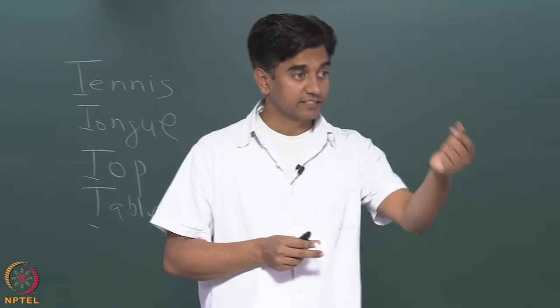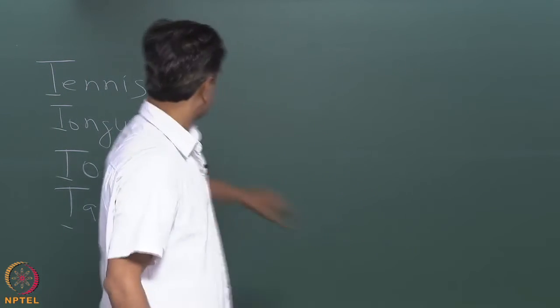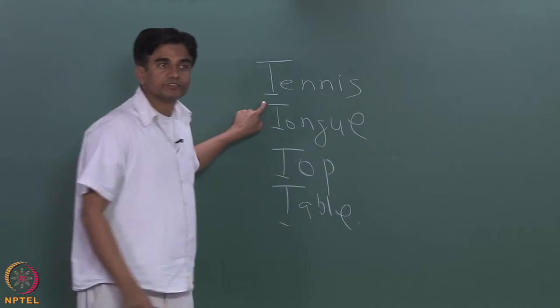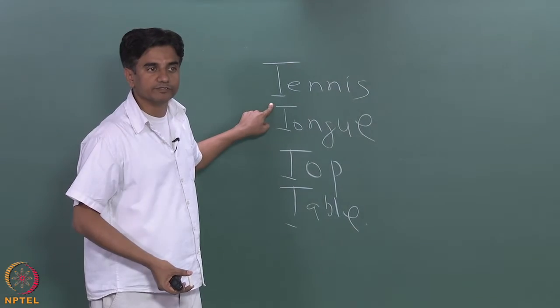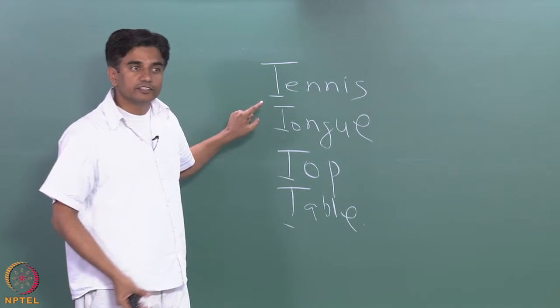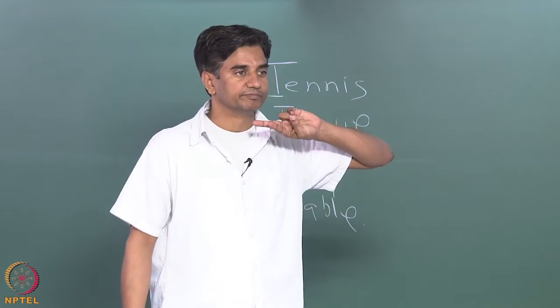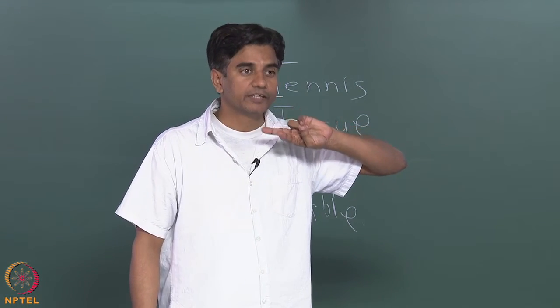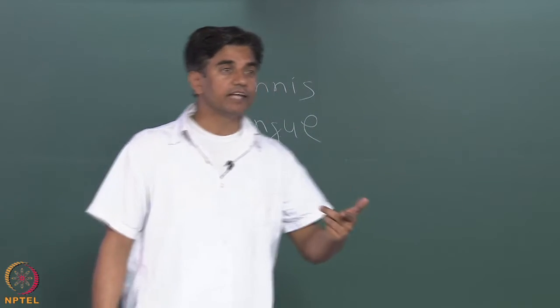In fact, that's correct. When we say these sounds of English, including the sound in table, the tongue is not supposed to roll back. But our languages are full of such sounds, and in our language we don't have this sound.